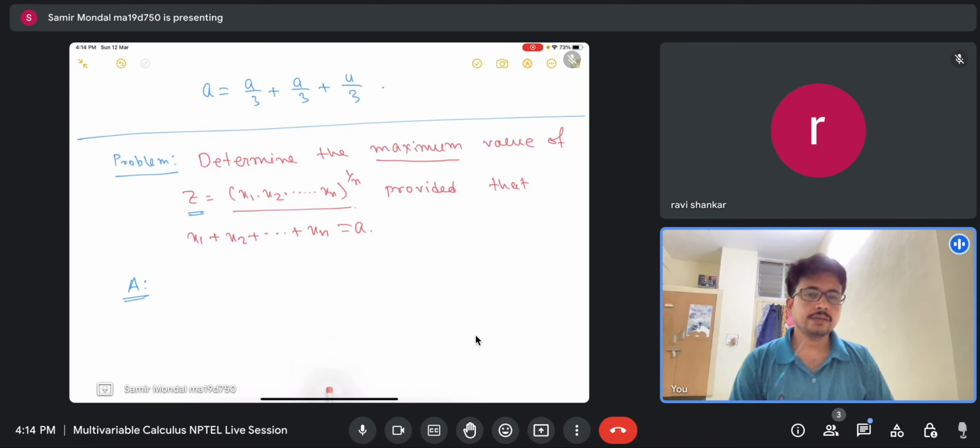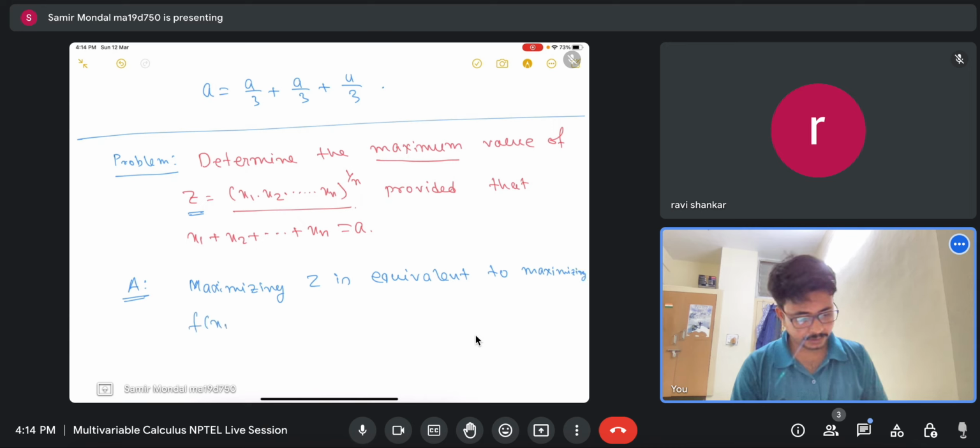If I say maximizing z is equivalent to maximizing this function, f equal to g power n, equal to this product only, is it correct or not?